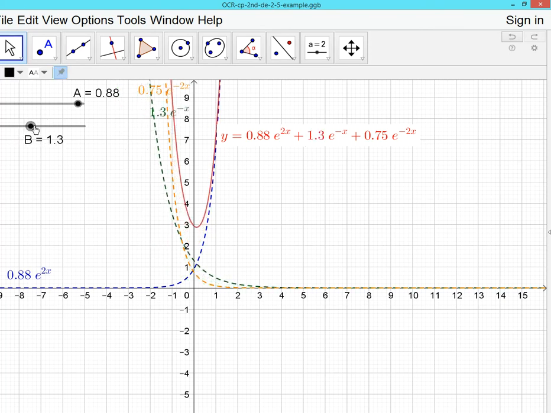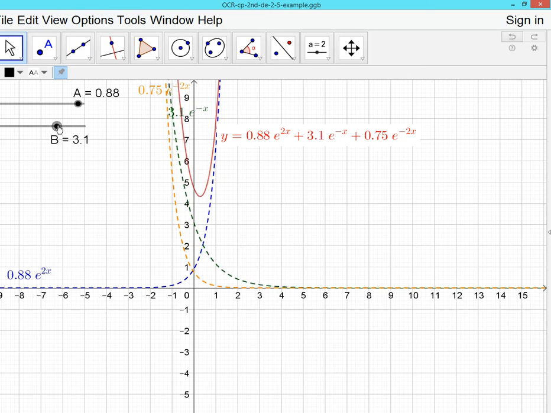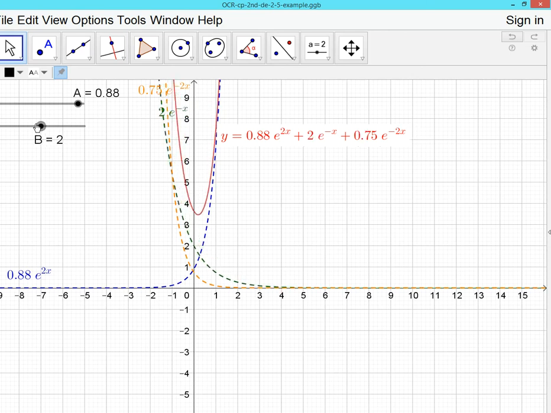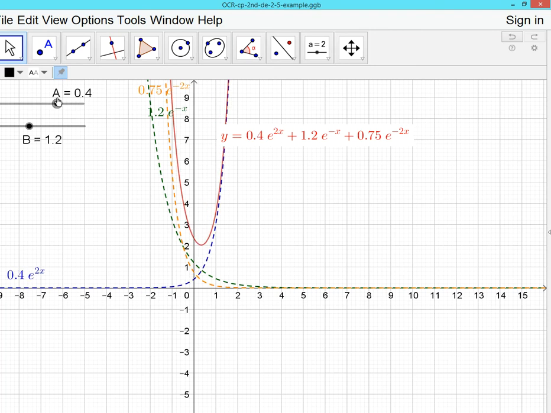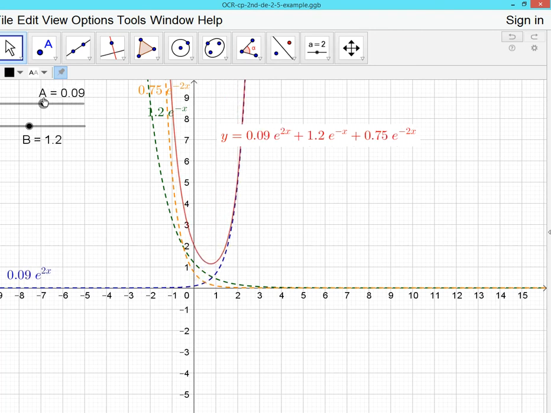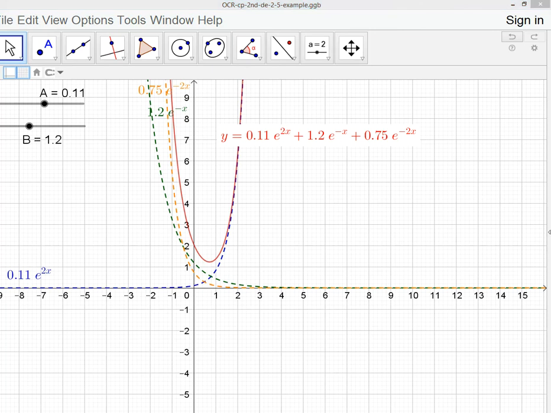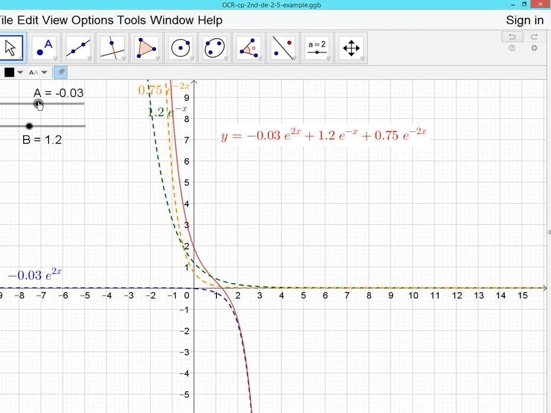So as we vary a and b, we can see that the graph y still lies between the envelope graphs of its components. Let's see what happens when a is negative, and if b is also negative.